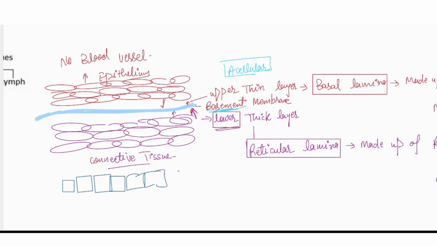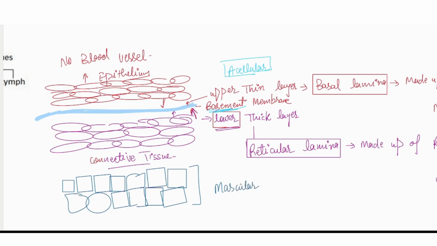In the muscular tissue we find three types: smooth muscles, skeletal muscles, and cardiac muscles. I am showing this with these boxes to show you the next layer, the muscular layer. It does not have a box-like or cuboidal shape, but is fibrous.